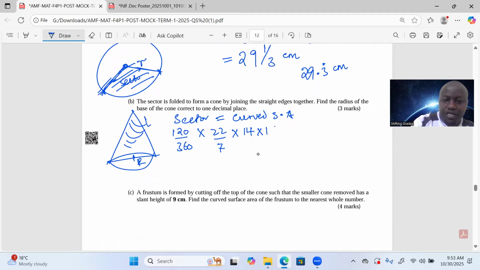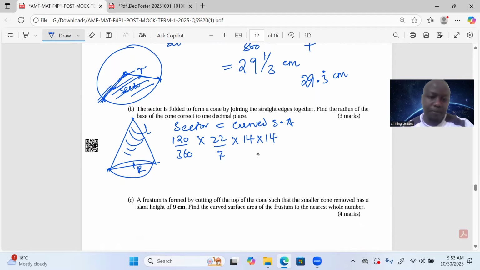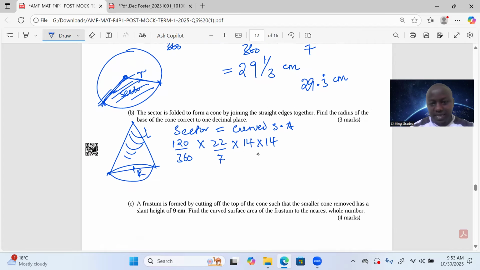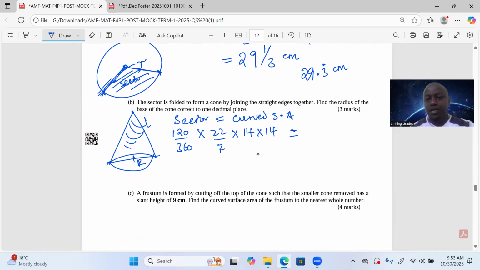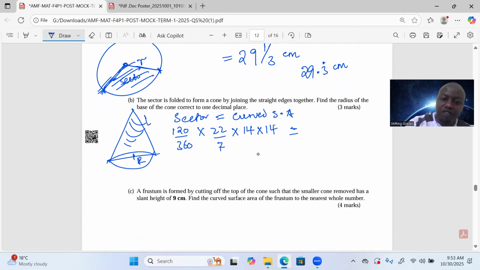Theta over 360 pi r squared. That is area of the sector. Now it changes to the curved surface of the cone formed. Curved surface of the cone formed will be given by pi r, unknown, times L, slanting length. So for the curved surface, we talk about pi RL, where pi is a constant. With pi as a constant, we're supposed to know that r is the radius.